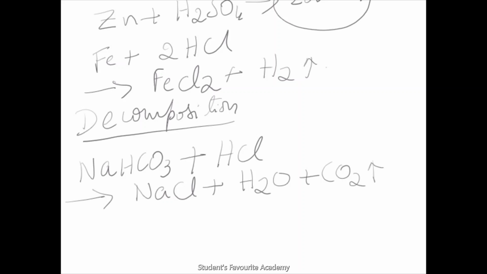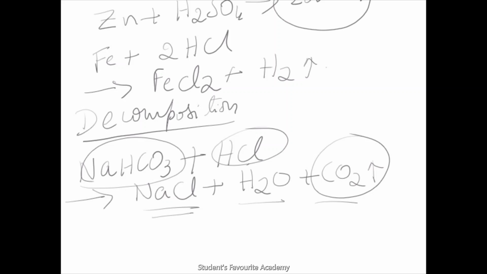Do you remember this equation? You learnt it in properties of acids. When acids react with carbonates and bicarbonates, carbon dioxide gas is released. Here you are learning preparation of salt by decomposition. When bicarbonates react with acids, they form salt, water and carbon dioxide. Okay.